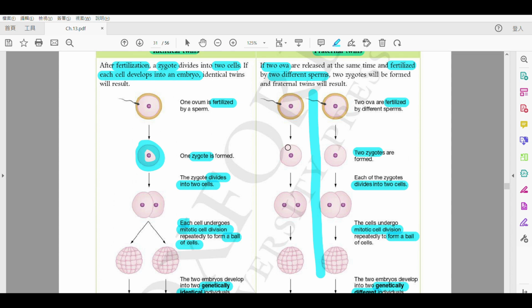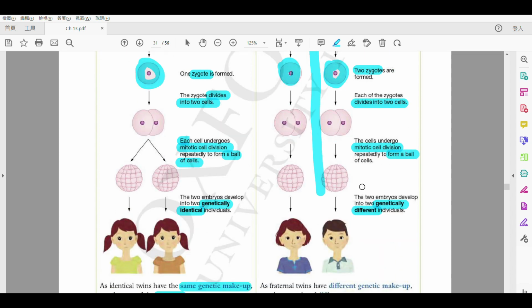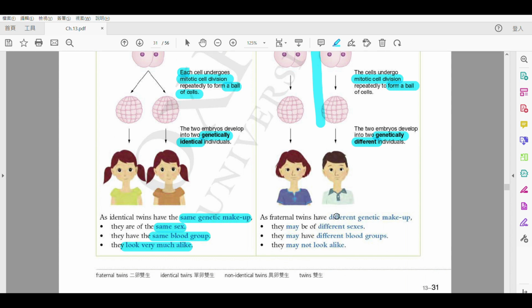Because they come from two different cells, two different zygotes 啦。Okay, so they have different genetic makeup. They can be, 記住啊，can be 啫。They can be different sex，即係佢哋嘅性別可能唔一樣啦。They can be having different blood group，唔同嘅 blood type 啦。They may also not look alike 嘅。Okay, just like your brothers and sisters, they may be just like that.